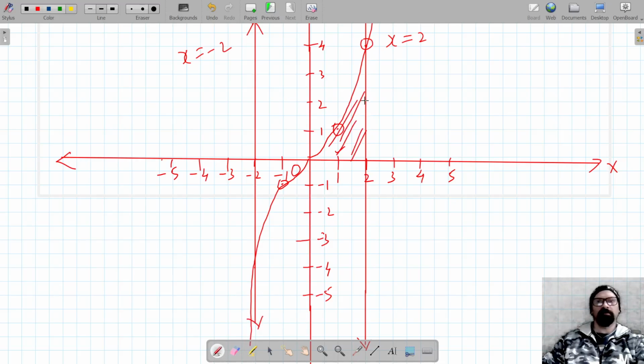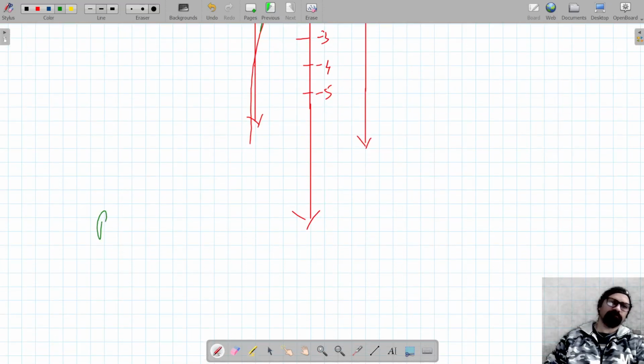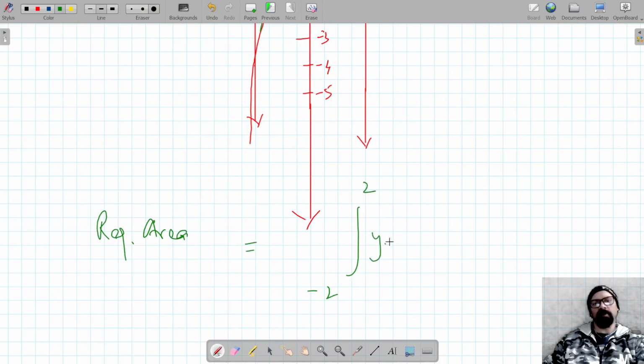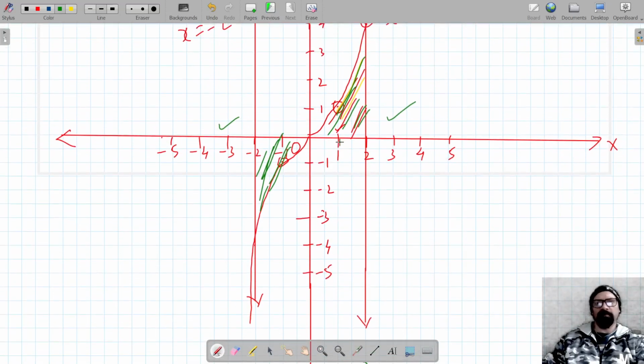This one with this one. And this area goes from -2 to 2 as limits. So our required area is equal to the integration from -2 to 2 of y into dx. Now this area is symmetrical about the origin.